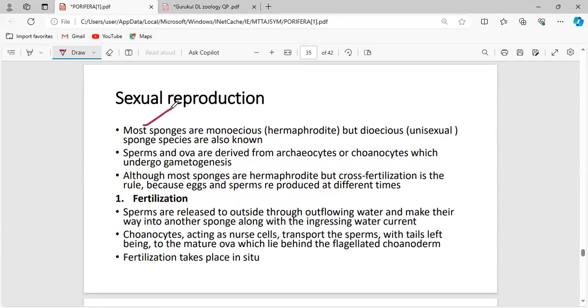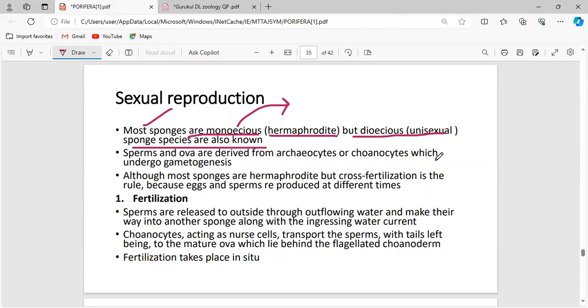See, most sponges are monoecious, that is hermaphrodite, but dioecious unisexual sponge species are also known. First, let me explain what is monoecious. Monoecious means both male and female reproductive organs will be present in the same individual.